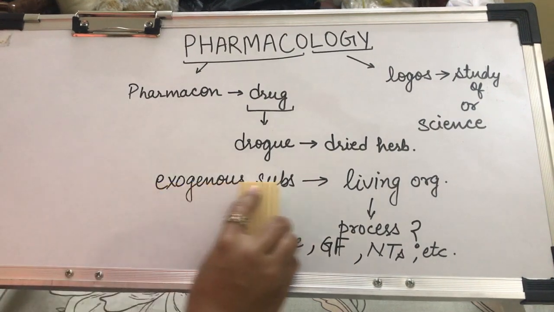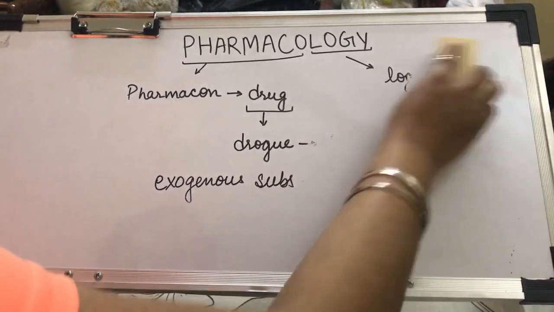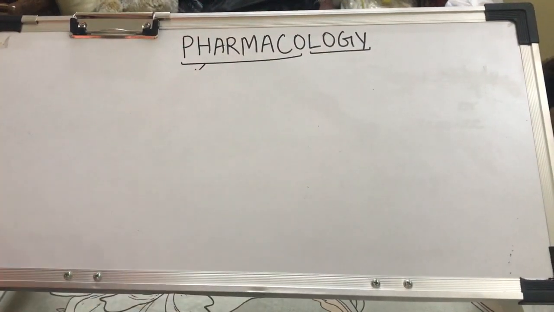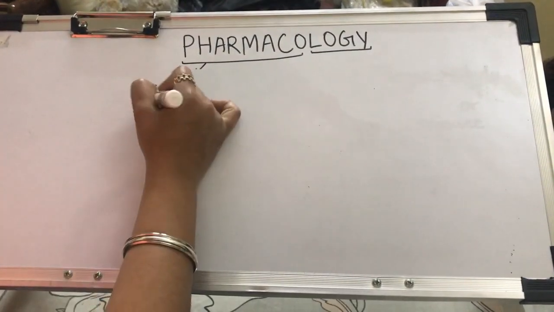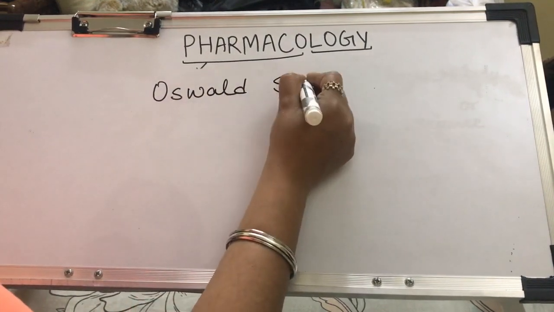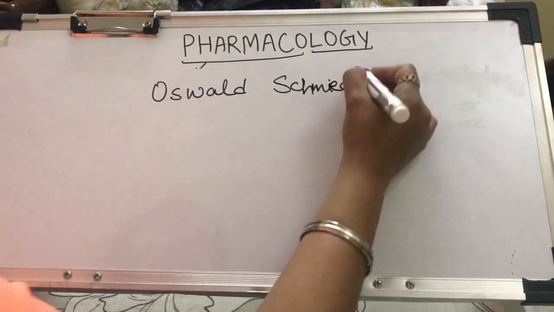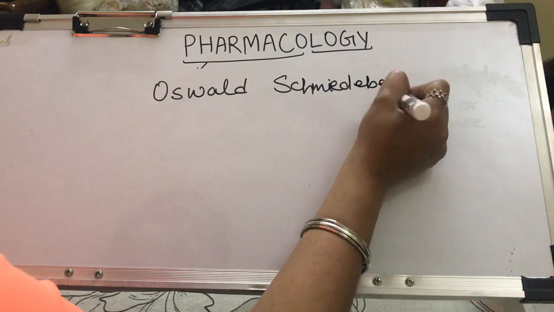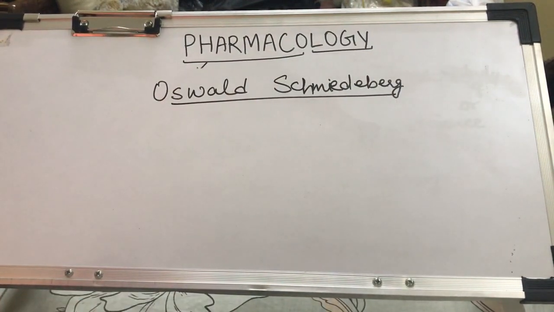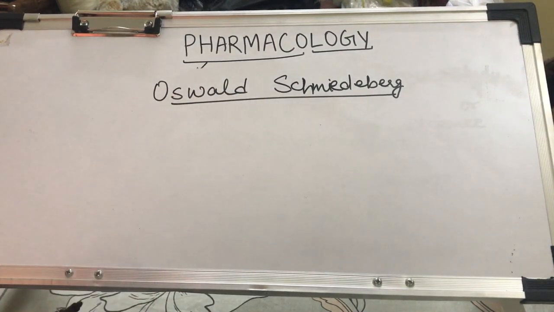Now, something regarding the history of pharmacology. There was one person from Germany, Oswald Schmiedeberg, who is known as the father of pharmacology. Why is he known as the father of pharmacology?